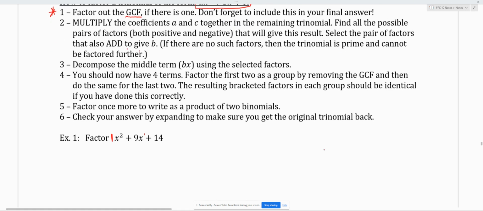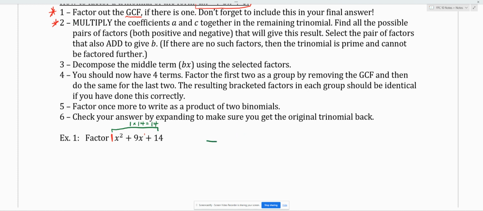We're going to start with this step 2. And this step 2 we are doing for a very unique reason. We are going to first take the first coefficient of 1 and multiply it by the last number, the a times the c in our equation, the 14, and find out what that equals. Well, that's easy. 1 times 14 is 14. And now what we're going to do with this number is something very unique.